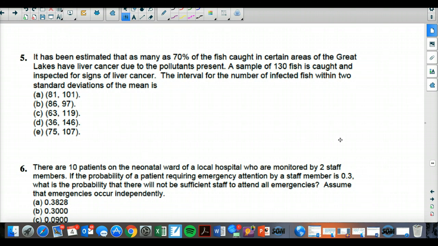There's a little bit of work that goes into this question. If you are stuck, I want you to calculate the mean, and I want you to calculate the standard deviation using the formulas on your reference sheet. The standard deviation is sample size times success times failure, and then square rooted.